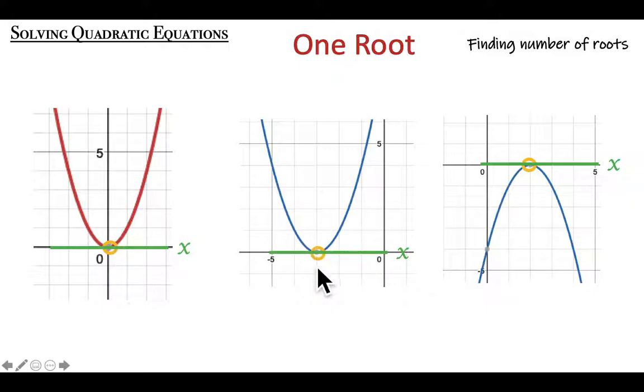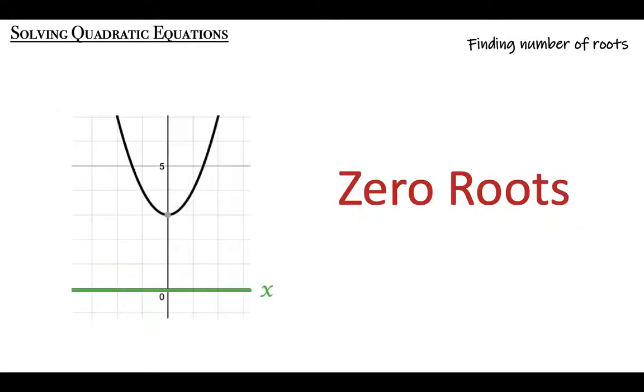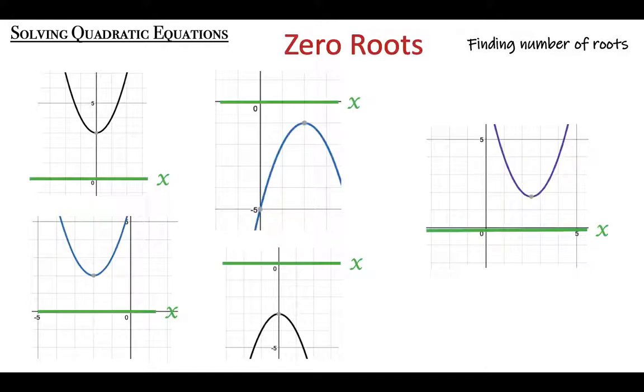It could be at the point -3, 0, or this one shows a root of positive 2, 0. So we can have 2 roots, we can have 1 root, or we can have no roots. If the quadratic equation happens to be above or below the x-axis and does not cross the x-axis, then we have 0 roots for that quadratic equation.